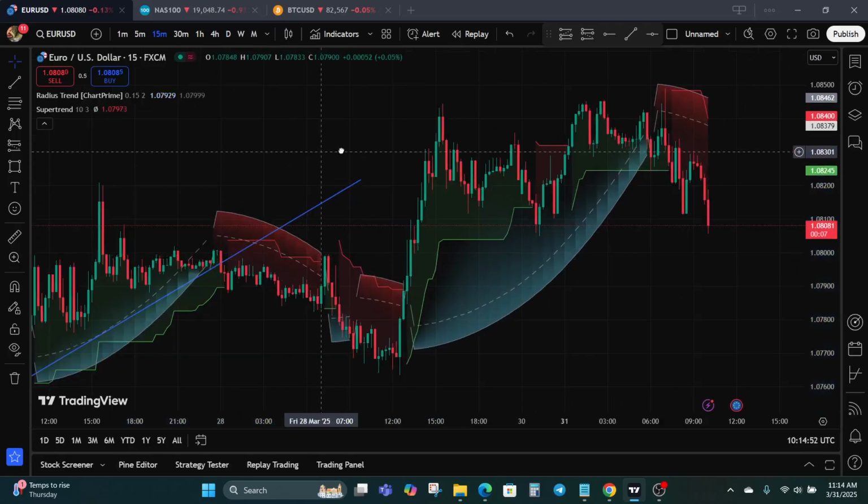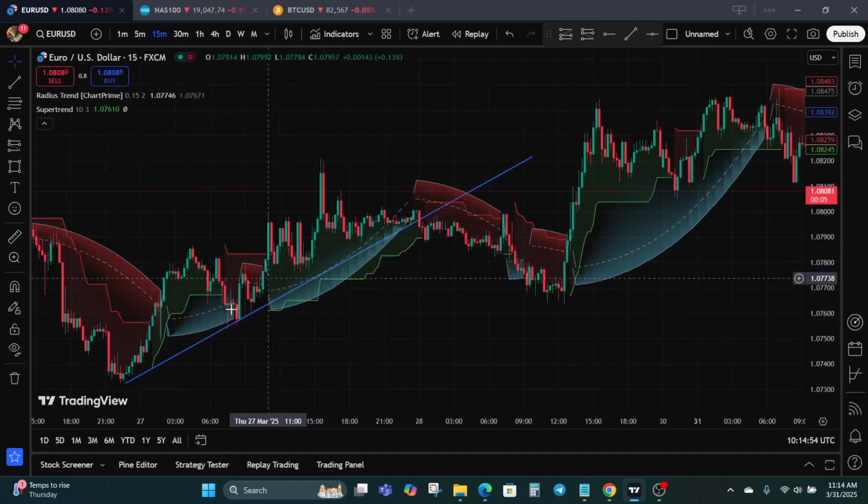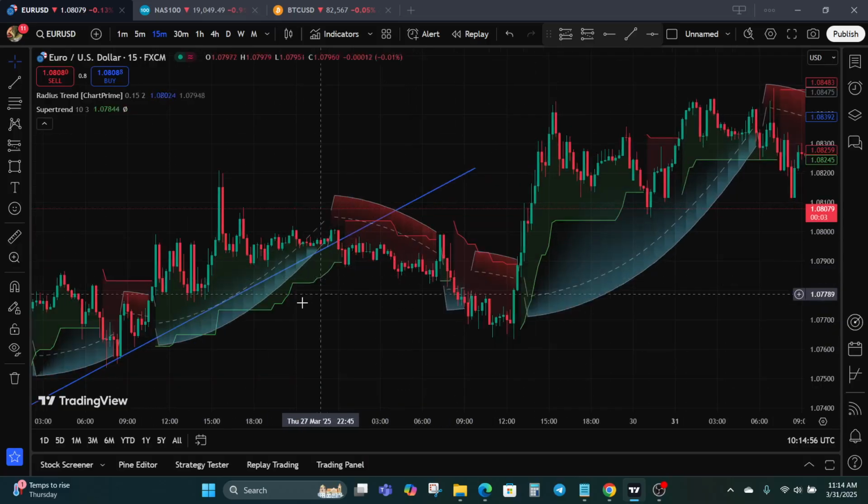Here there was a buy move initially while the super trend was still telling you to buy up till this point. You can see that this particular green line is serving as a dynamic support for the super trend, and up to this point it was still telling you that the buy move is still going on. You can see that the radius trend ended the buy around here.